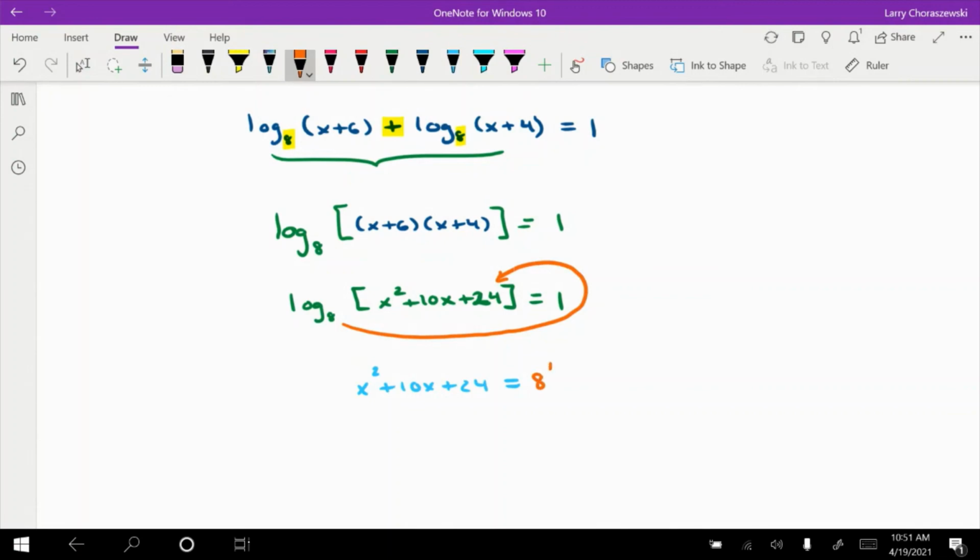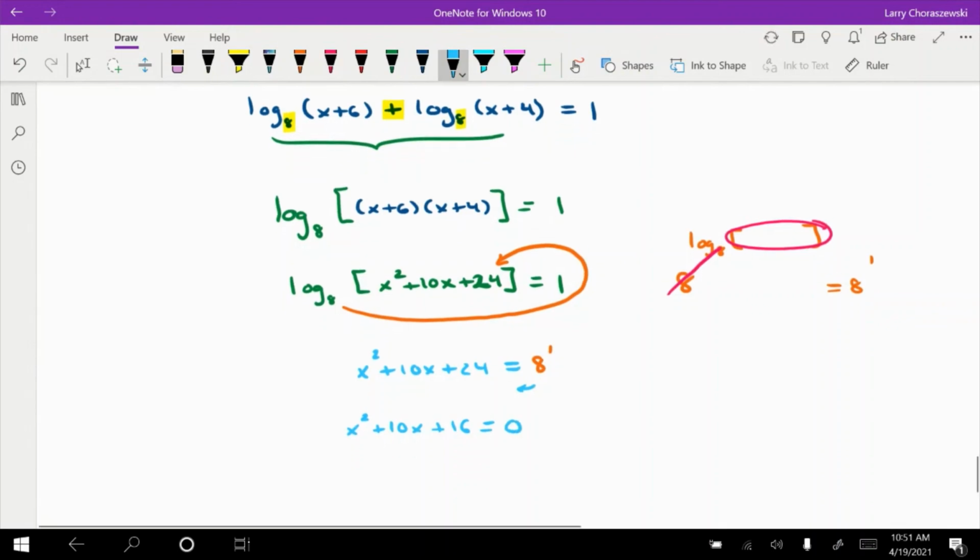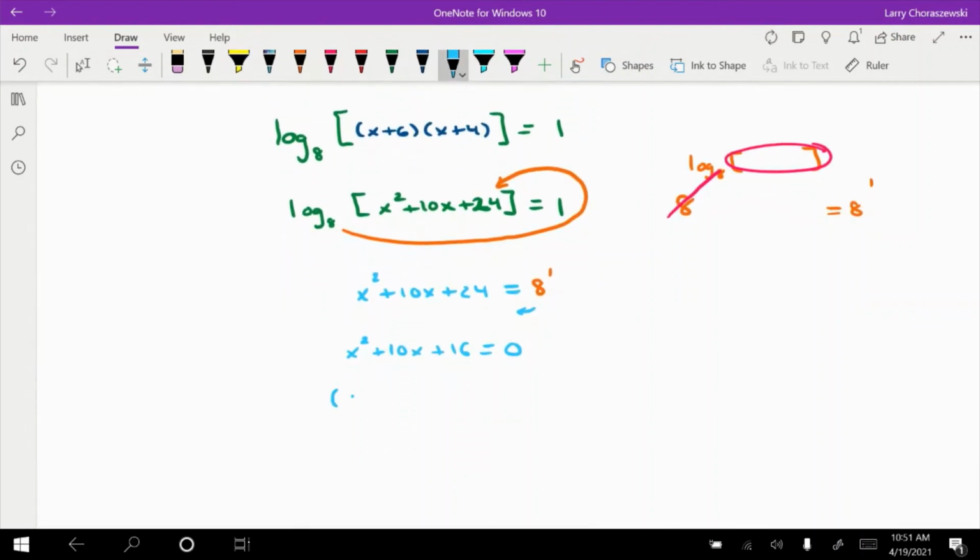So you could do log loop, or you can raise each side by a base 8. And if you raise each side by a base 8, those cancel, and then whatever's left inside the argument is set equal to 8. So let's now subtract 8 from each side to get x squared plus 10x plus 16 equals 0. And it looks like that factors x plus 8 times x plus 2.